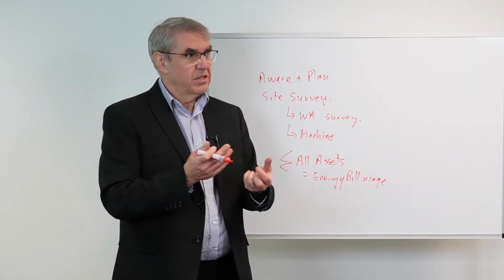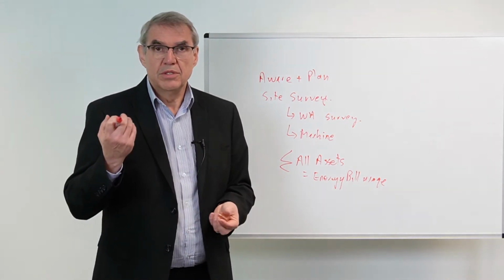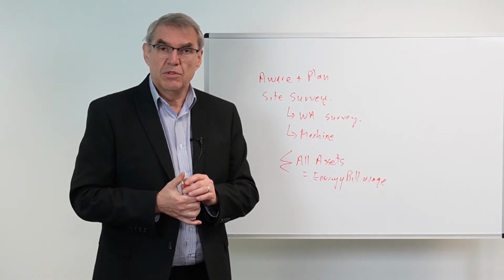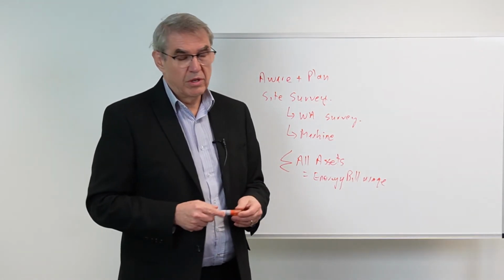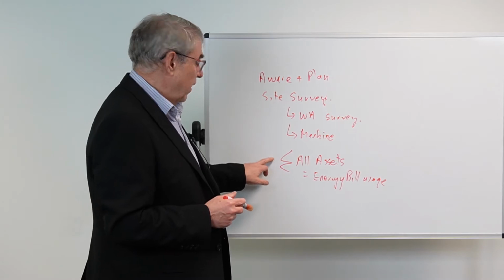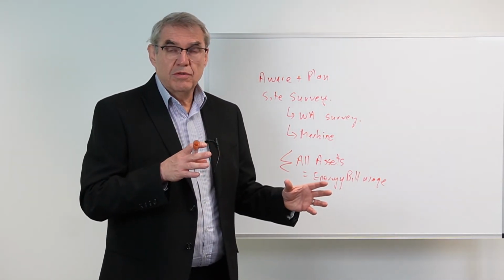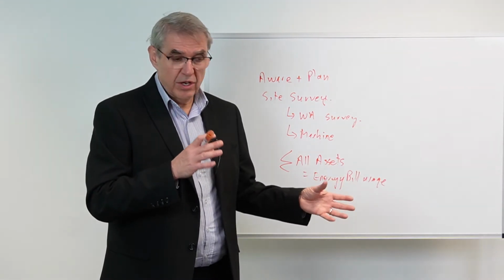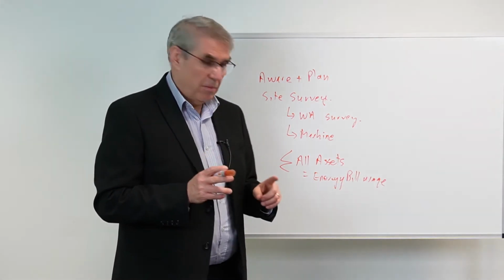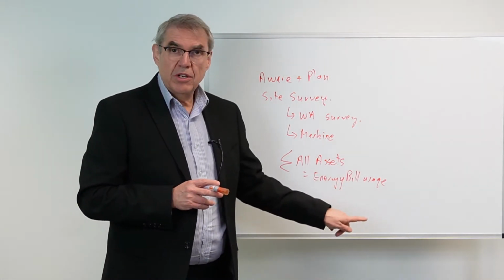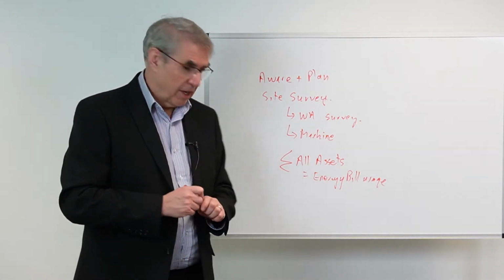You've got motors, pumps, machinery of various forms, computers, catering equipment. If you add up all of that and look at the typical usage during the course of a day, a week, a month, a year, you should come to the same number as the amount of energy you've been billed for from the electricity company.